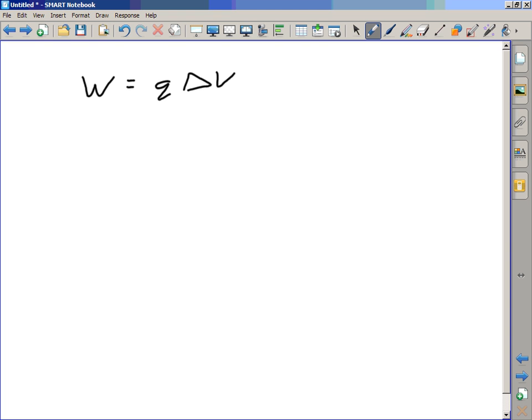So it's defined as the amount of work, which is the same thing as energy, that 1 electron would gain in moving through a potential difference, delta V, of 1 volt.